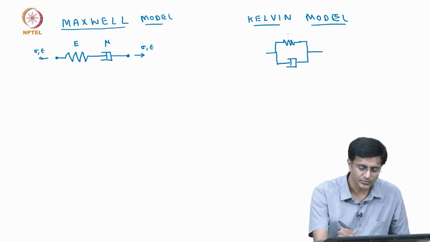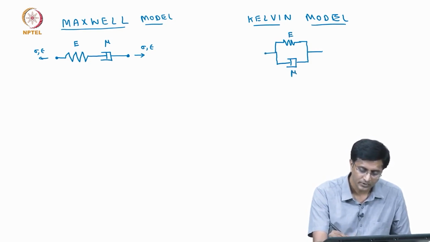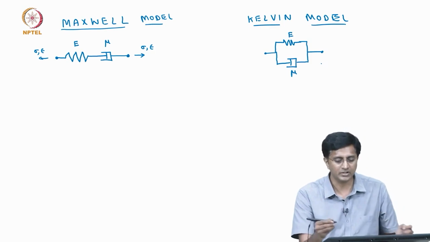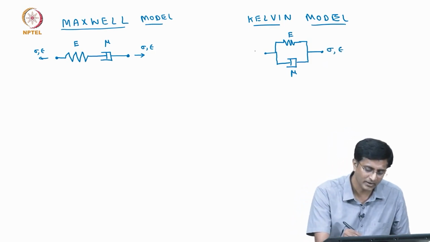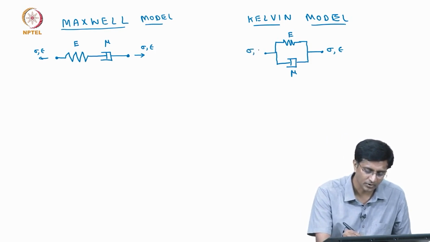We will represent the spring again with E and the damper with viscosity nu. And at the ends of the model we have the stress and strain, one as input and the other as the output.